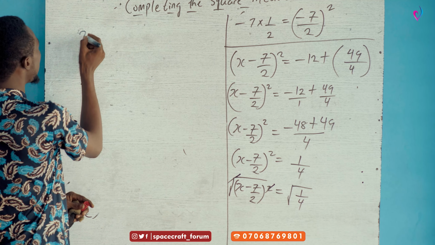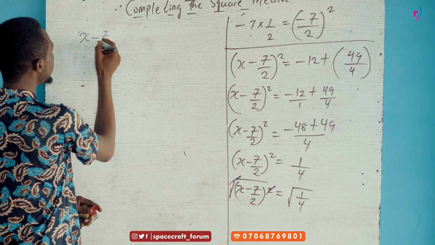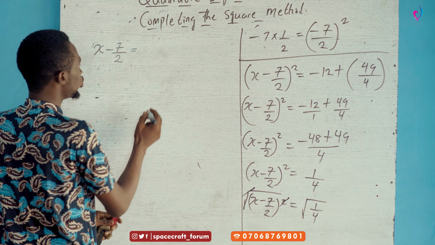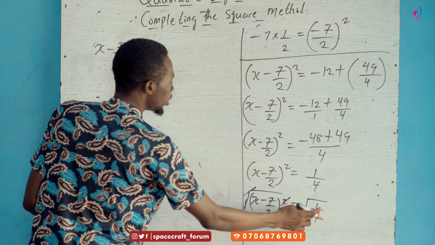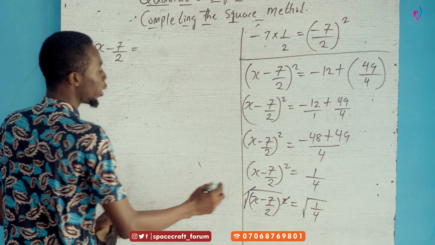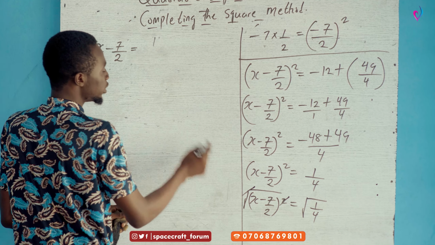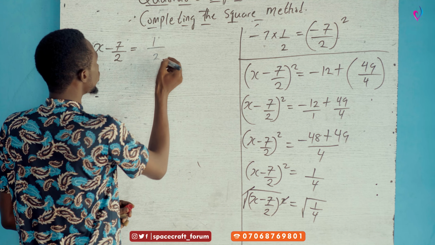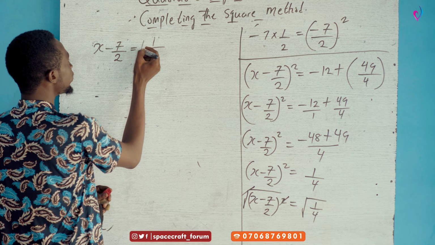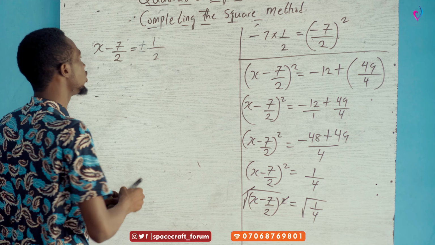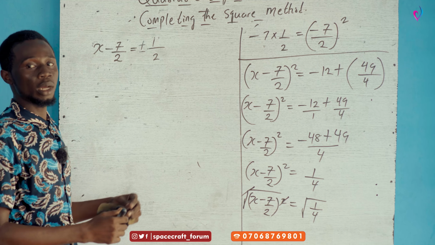We are left with x minus 7 divided by 2 is equal to square root of 1 over 4. So the square root of 1 is 1 and the square root of 4 is 2. So automatically I can add plus or minus in front of it, which is plus or minus 1/2.